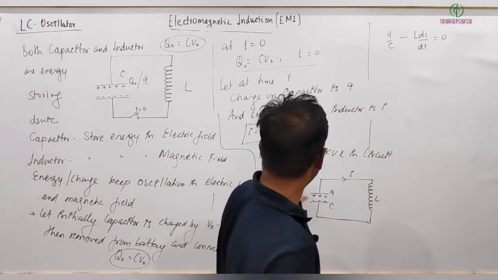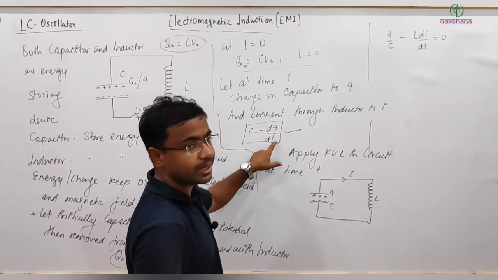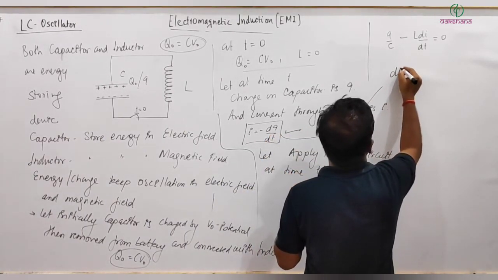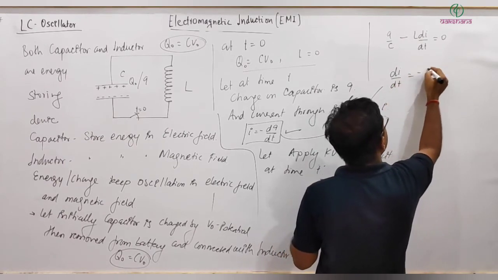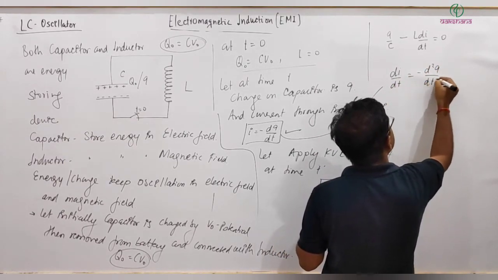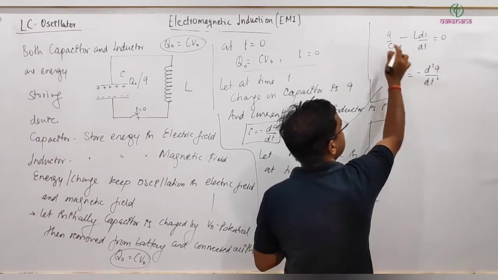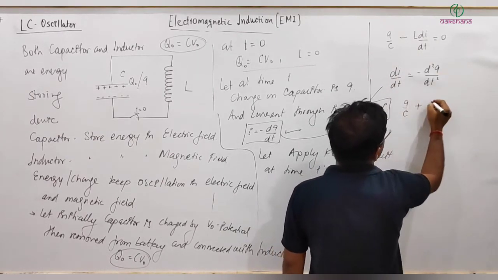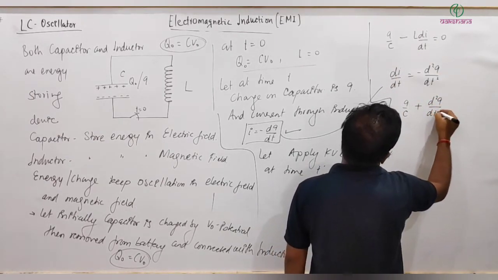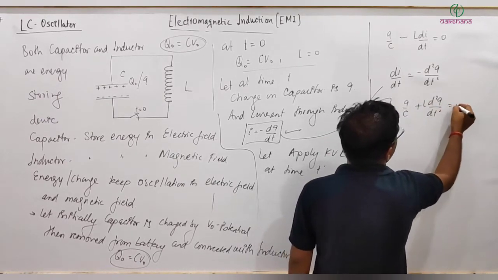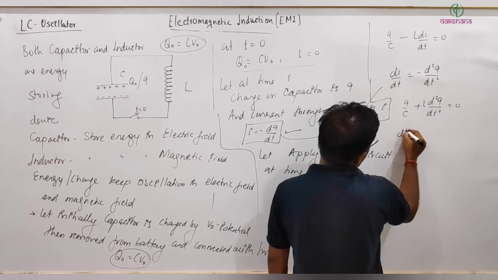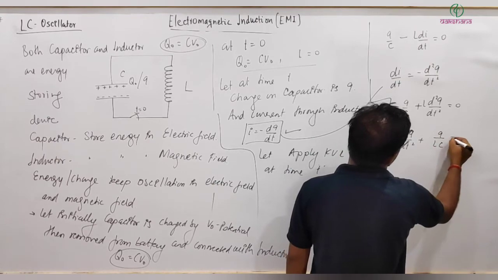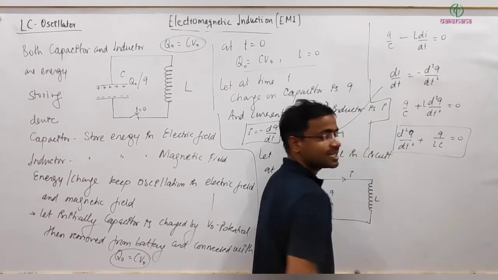Now here I have I is equal to minus dq by dt, so di by dt is equal to minus d2q by dt square. Let me substitute it here. So this is Q by C plus d2q by dt square into L equal to 0. This can be written as d2q by dt square plus q by LC equal to 0. So we got this expression.